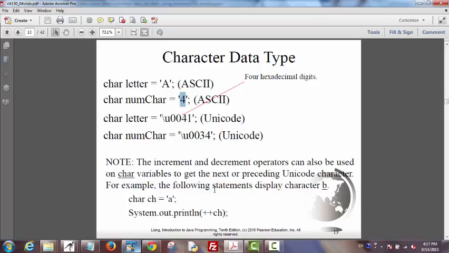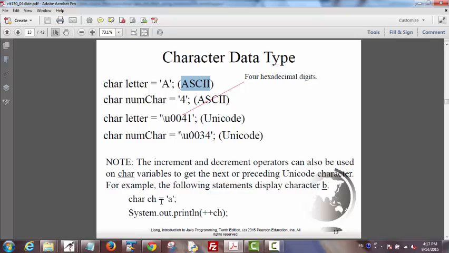A couple of observations about the character is that because the character data type is so similar to integers as far as Java is concerned, because we actually look at its ASCII representation, we can increment or decrement our characters by 1.